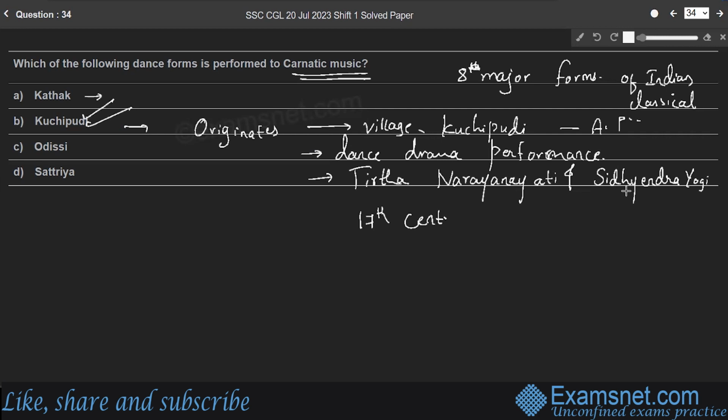Whereas among the remaining forms, Kathak is also one of the 8 major forms of Indian classical dance, originating from Uttar Pradesh.